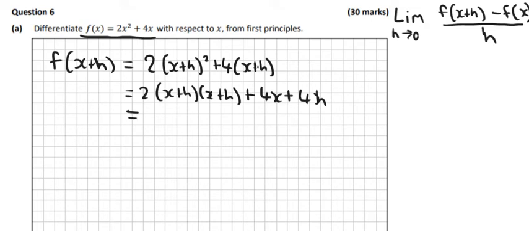So if we multiply out those double brackets, you can use a grid or whatever if you want. We'll just leave the 2 outside for the minute. So x squared plus 2hx, we'll put the h first, plus h squared, plus 4x plus 4h.